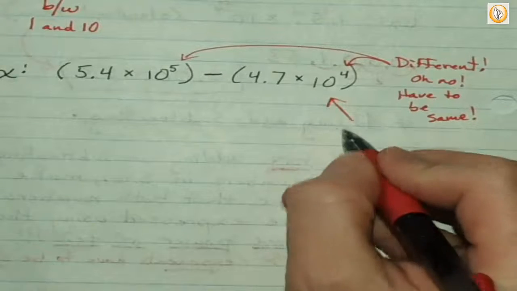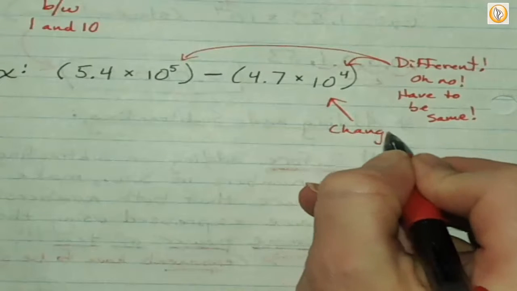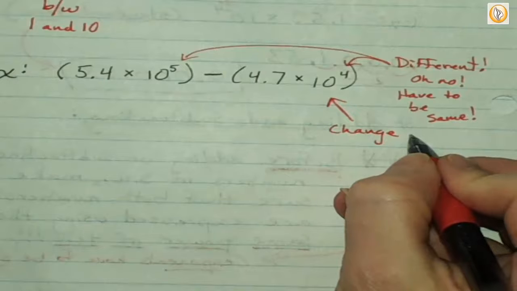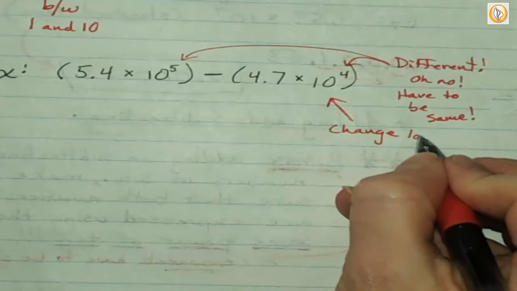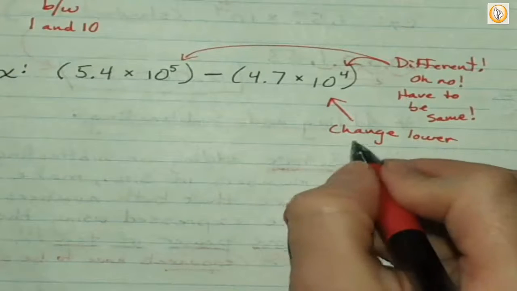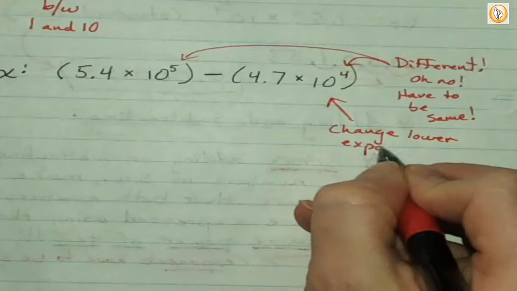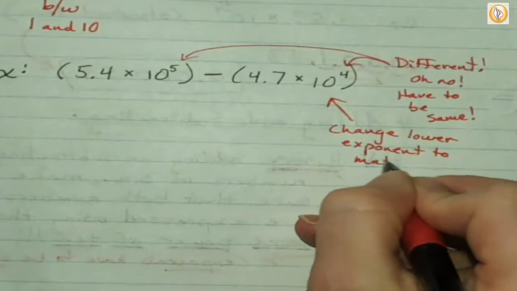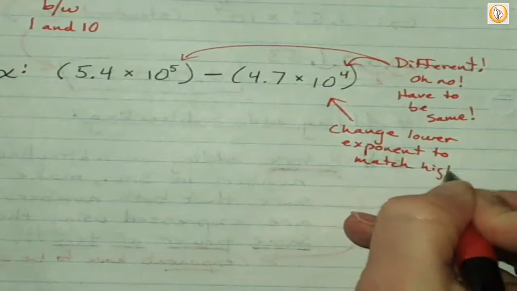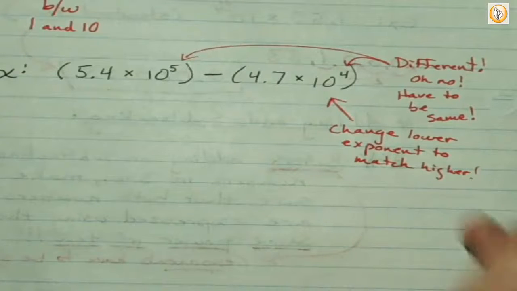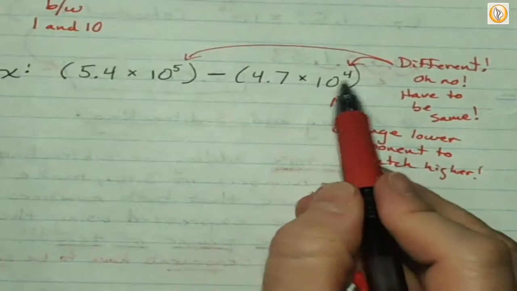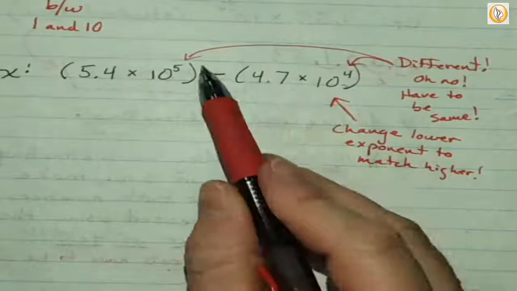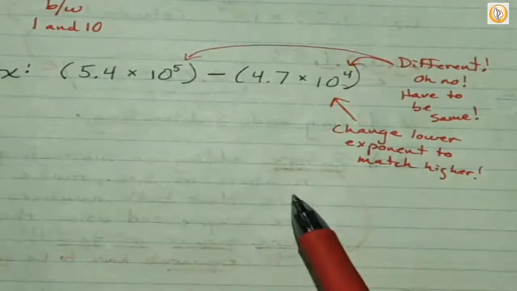We're going to change the lower or smaller exponent to match the higher. So we're going to change that lower exponent to be 5.